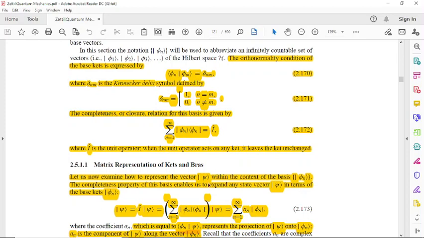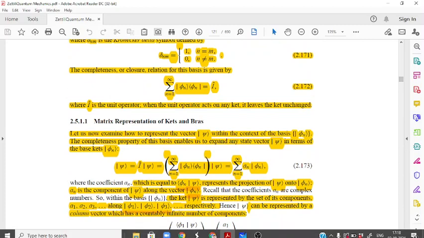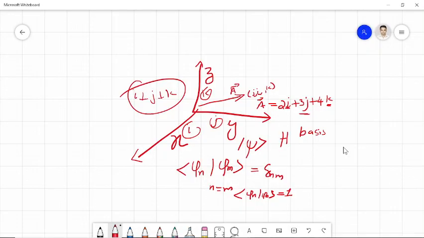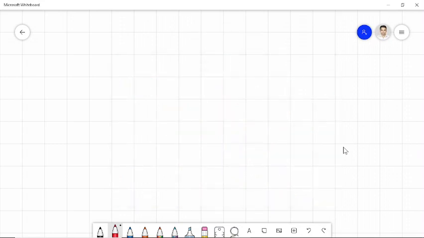Then bracket phi n psi, that is an inner product, gives us a scalar value, that is an. That means when we multiply vector a dot b, we will get ab cos theta, a scalar value.